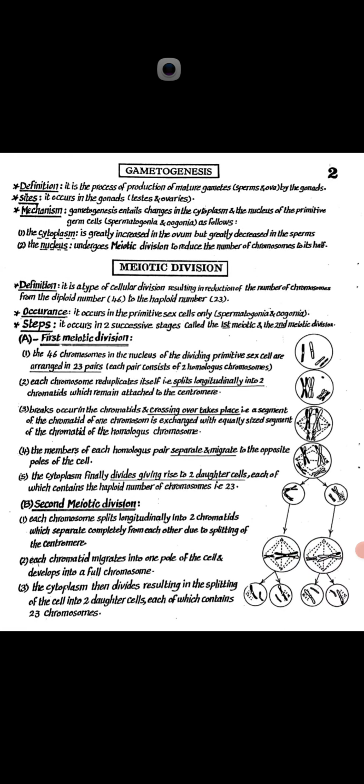And next, crossing over takes place in the first meiotic division, and non-disjunction may occur in the first meiotic division and also in the second meiotic division. And in the second meiotic division, it is due to failure of the separation of 2 chromatids.